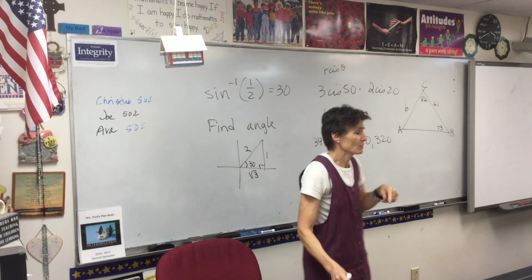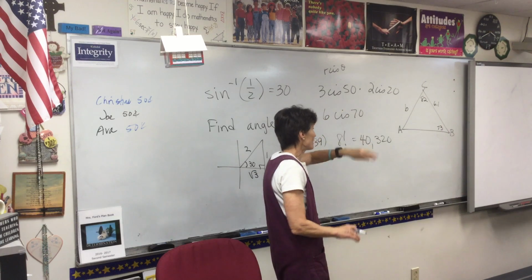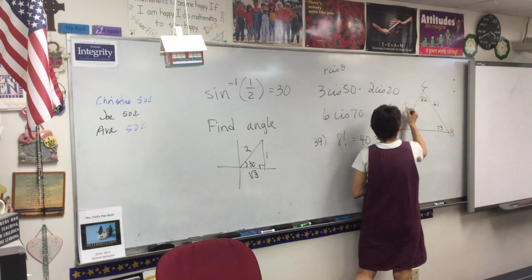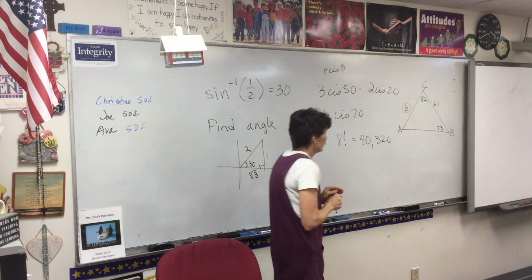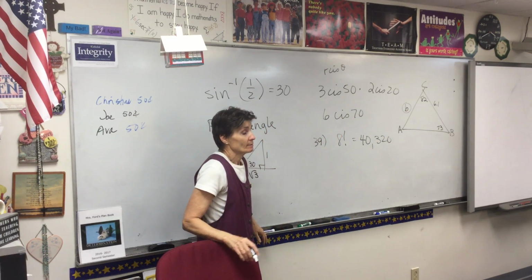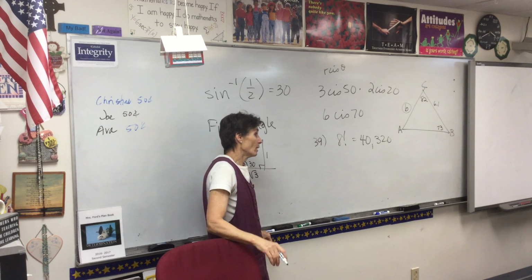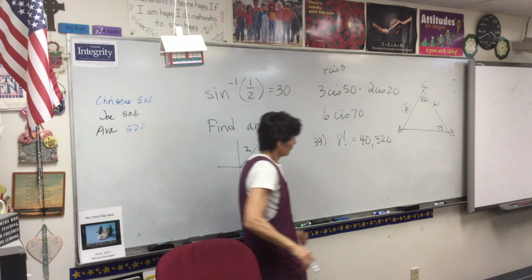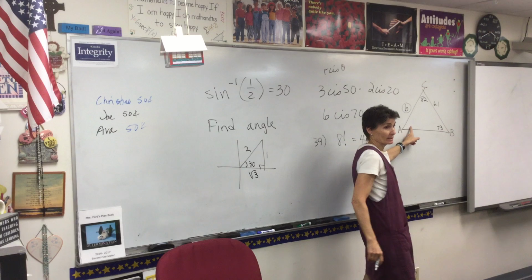Now, we took a test over this. You had to find the whole thing. You had to find everything. Well, we're not doing that. Now we are just finding side B. All right, this was January. Dig back into that memory. What did we do back then to find pieces of a triangle? Well first you can find this angle quite easily, right?